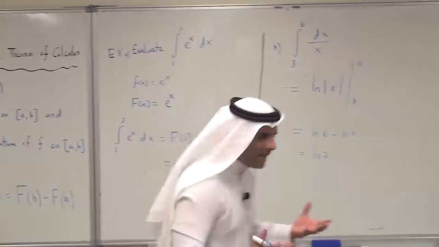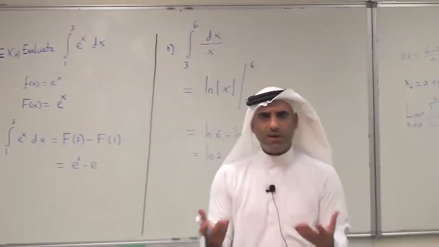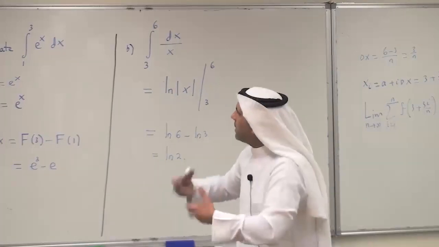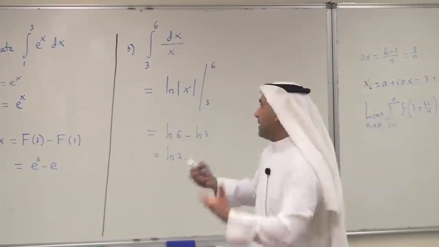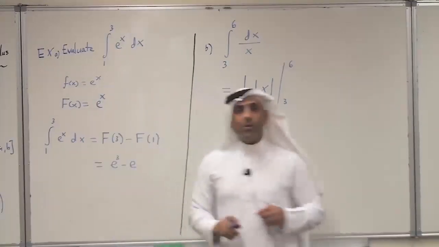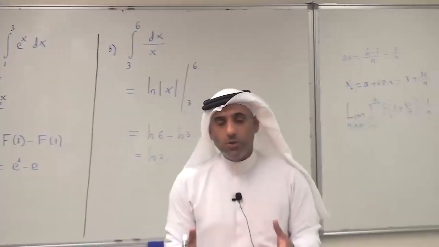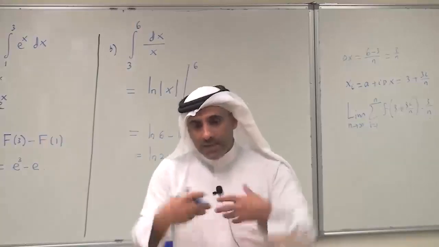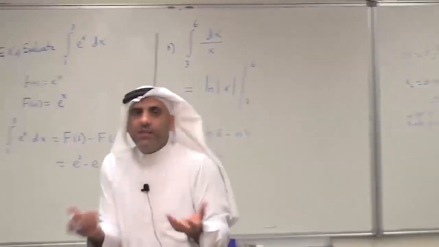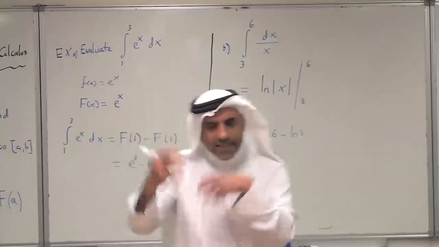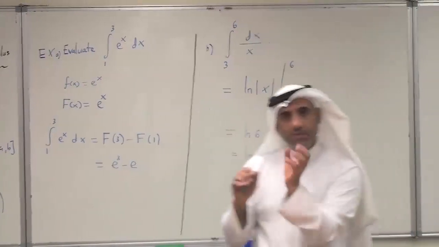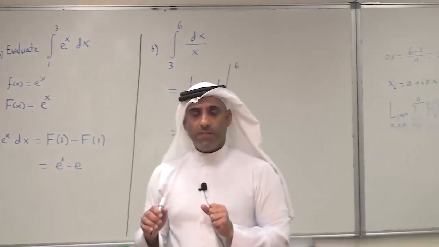Many examples we can do now by fundamental theorem of calculus part 2. The only thing we need is to improve our skills in finding antiderivatives. That's basically what we will do in the next material in calculus 2. Then finding a definite integral will be simply evaluating at the endpoint minus evaluating at the first point.